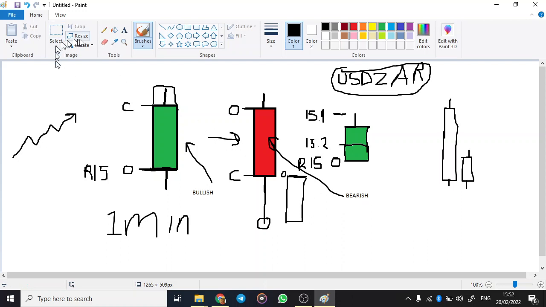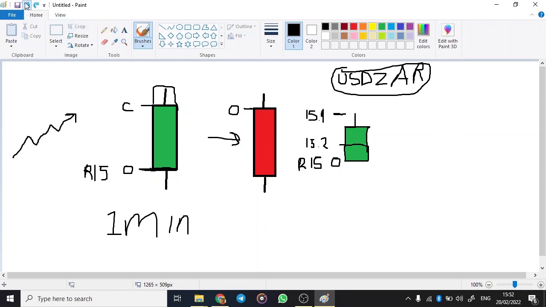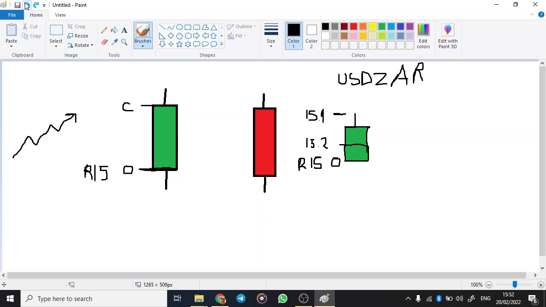So let us go back to one of our topics. We discussed candlesticks, so I'm pretty sure right now you know what a candlestick is.